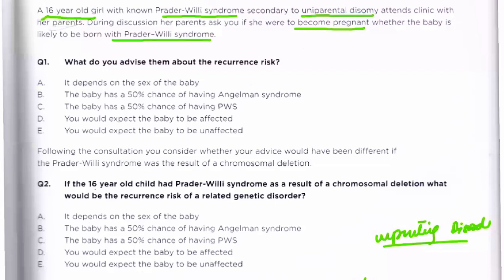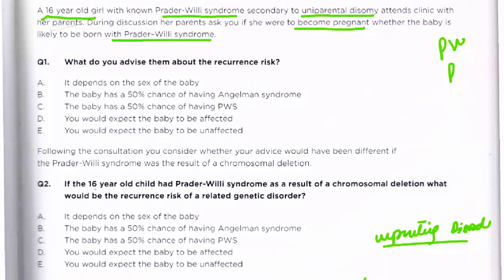In the other type, we always memorize Prader-Willi, that is from the paternal side. See here, what is happening here? Instead of receiving this chromosome from my mother, I received this chromosome number 15 pair, this one from my father and another one also from my father. This is known as uniparental disomy.